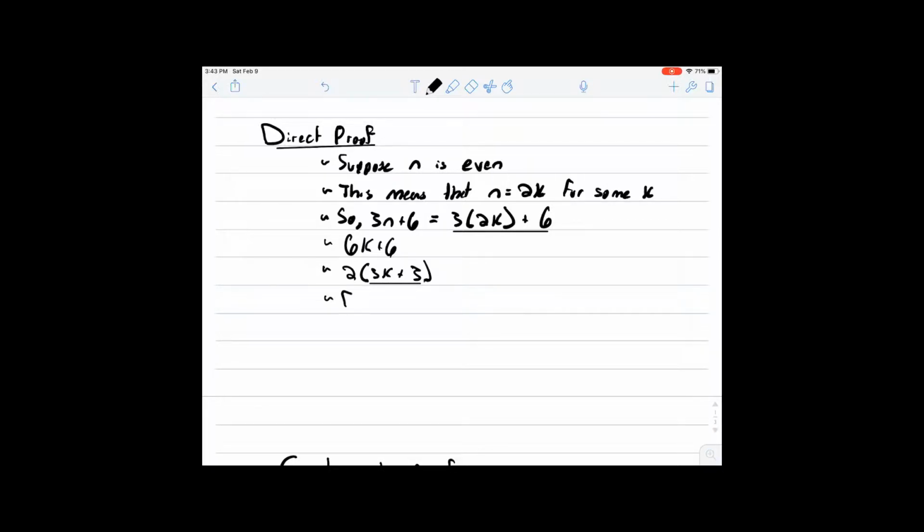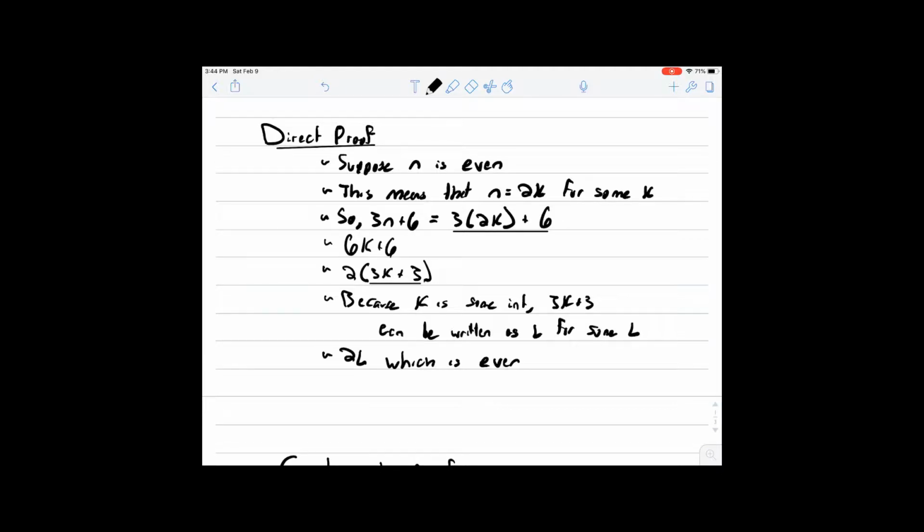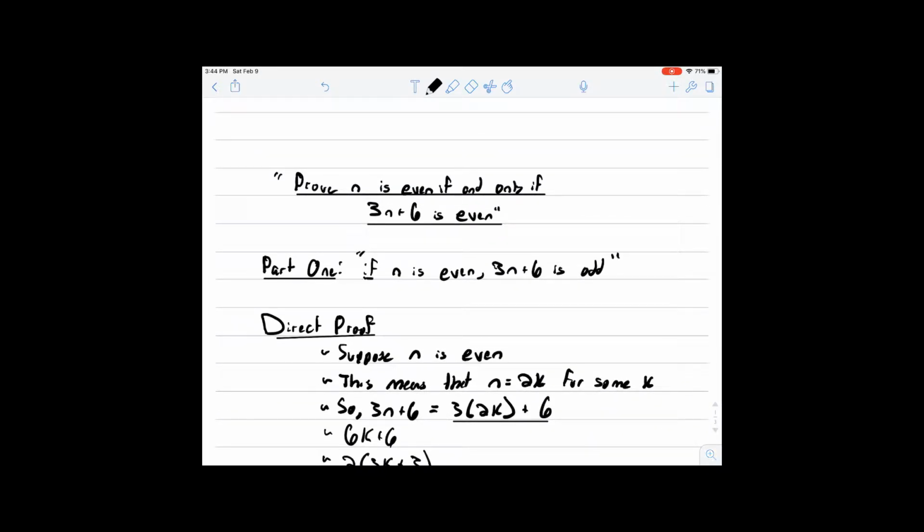We note that because k is some integer, 3k plus 3 can be written as L for some L. That means we have 2L, which is even. So, it's been proven that if n is even, 3n plus 6 is odd.